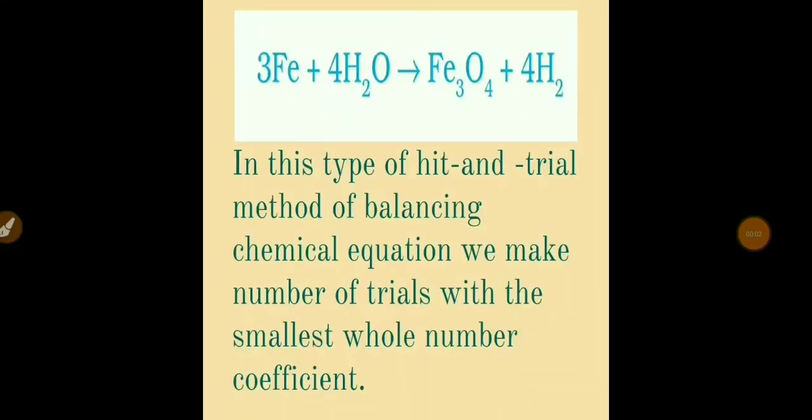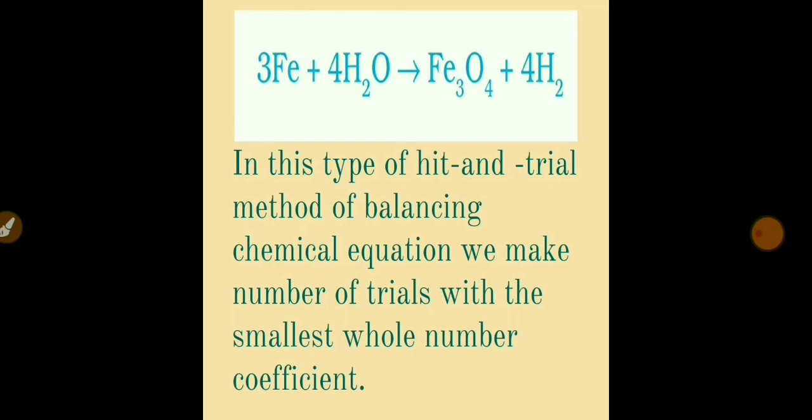In this hit and trial method of balancing chemical equations, we make a number of trials with the smallest whole number coefficients. As above, we balanced firstly ferric oxide with oxygen atoms, next hydrogen, both multiplied with 4 to make 8 hydrogen on the reactant side, and the last element iron, which was 3 on the product side and 1 on the reactant side, we multiplied on the reactant side by 3.